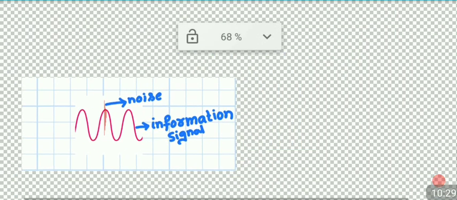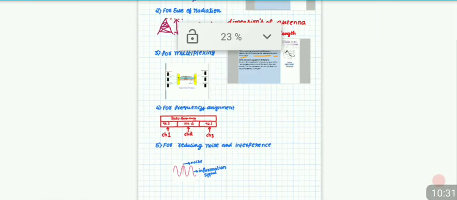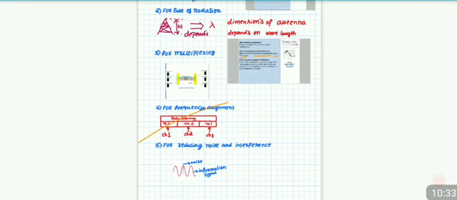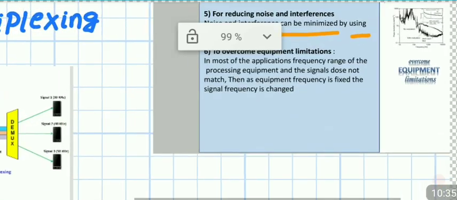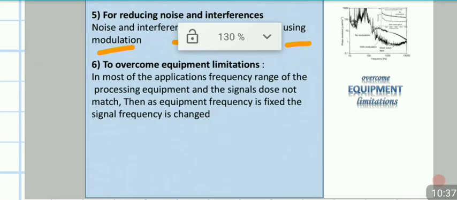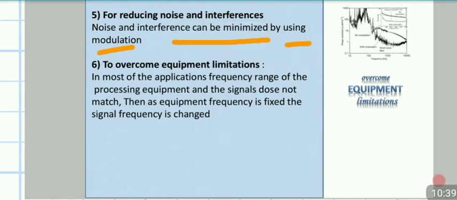Then we go to understand one more important point, which we call the sixth one. What is that? That is to overcome the equipment limitations. In most of the applications, the frequency range of the processing equipment and the signals does not match.